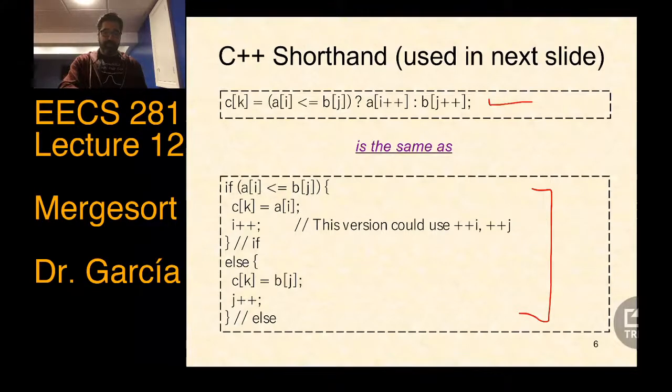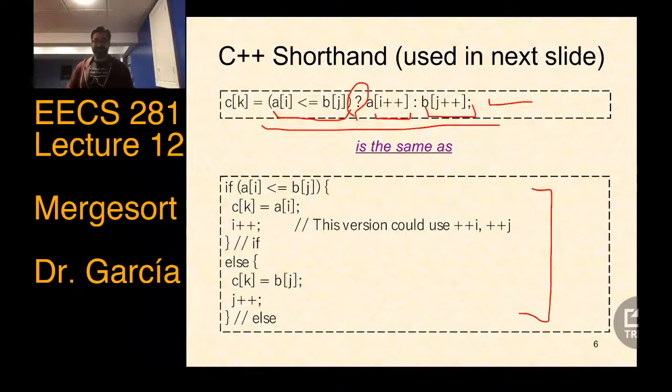All of that is inline right here. Basically, your if amounts to this question mark right here. If this comparison is true, we would execute this. Then the colon right here is effectively the else. So if the conditional to the left of the question mark evaluates to false, we would do this.